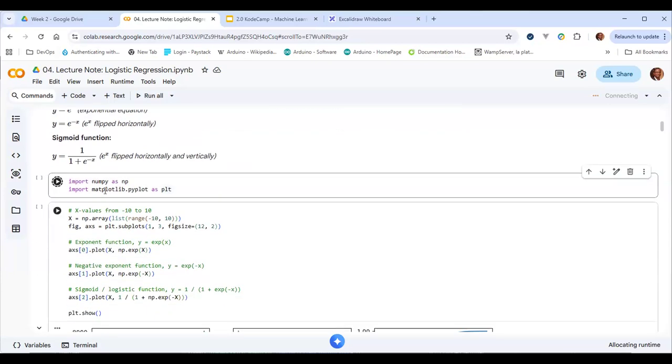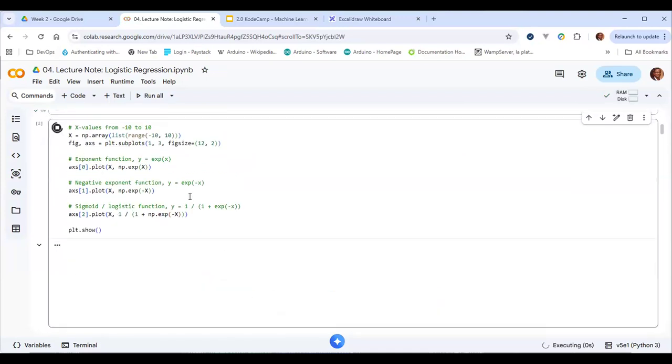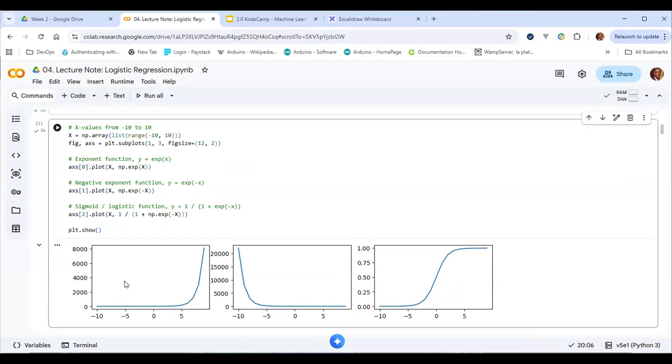Of course we start off with NumPy, which allows you to plot graphs. Here I try to show the components of the sigmoid, the way the sigmoid transitions from an exponential function to the sigmoid function.